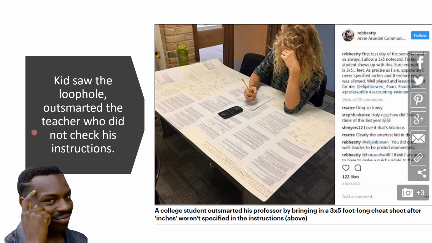Okay, lesson learned. So here is one practical example of the importance of reviewing your work before you have it published, before you turn it in, before you print it out, before you submit it. Okay, some people might outsmart you.